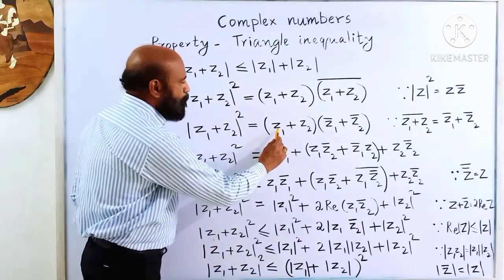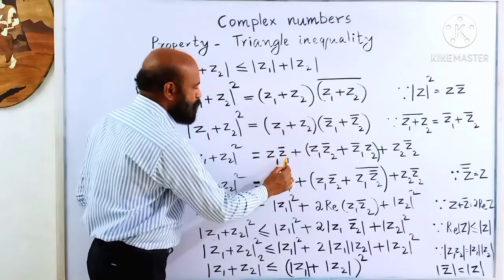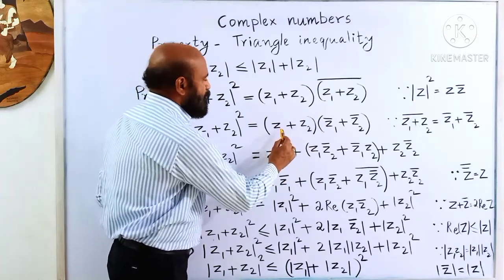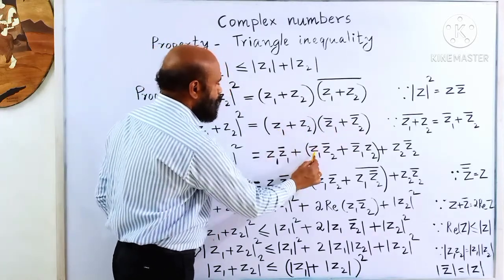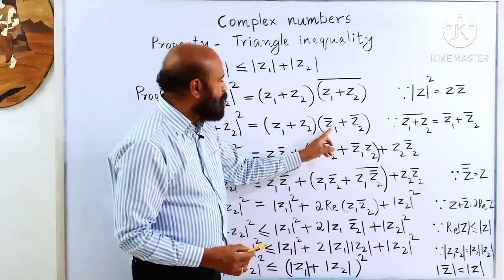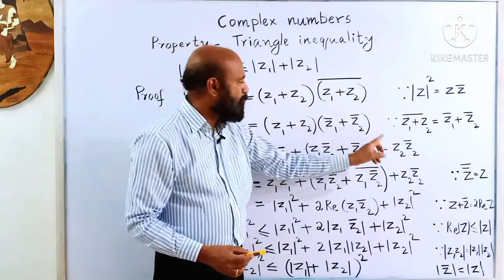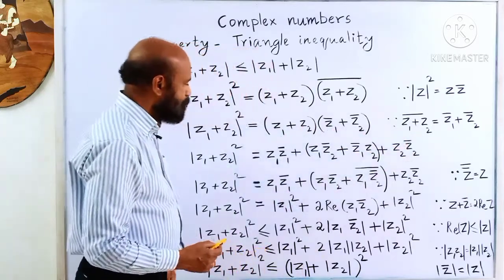Next, multiply. Z1 into Z1 conjugate. Next, this with this, Z1 into Z2 conjugate. Next, this with this, Z1 conjugate into Z2, then Z2 into Z2 conjugate.